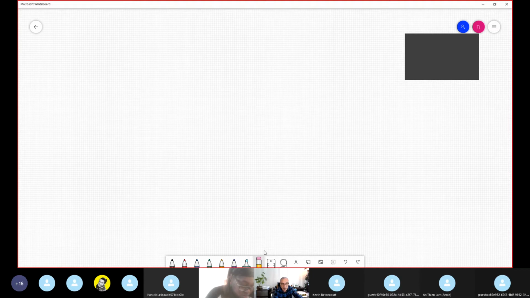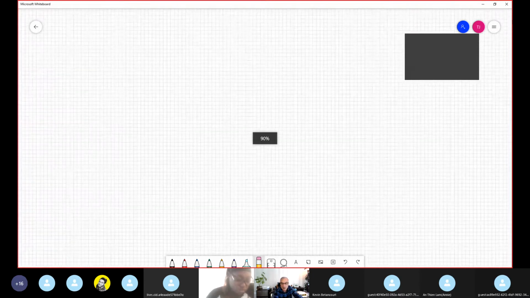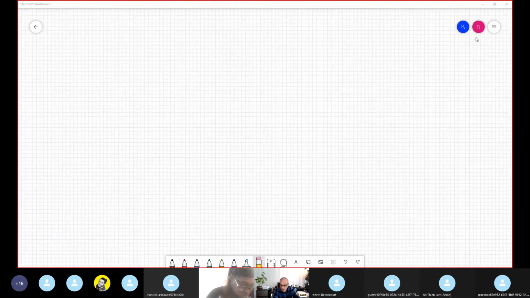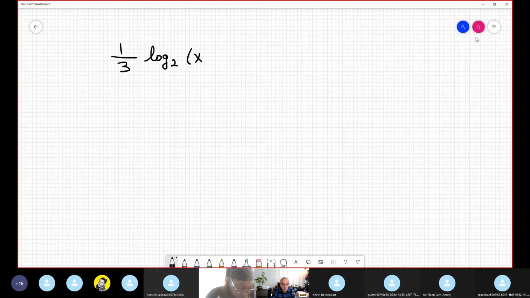Okay, one more complicated. Why is it complicated? It's complicated because this equation that I want to write now is weird. Why is it weird? Because one logarithm has base 2 and another logarithm has a base that is not 2, it's 8.